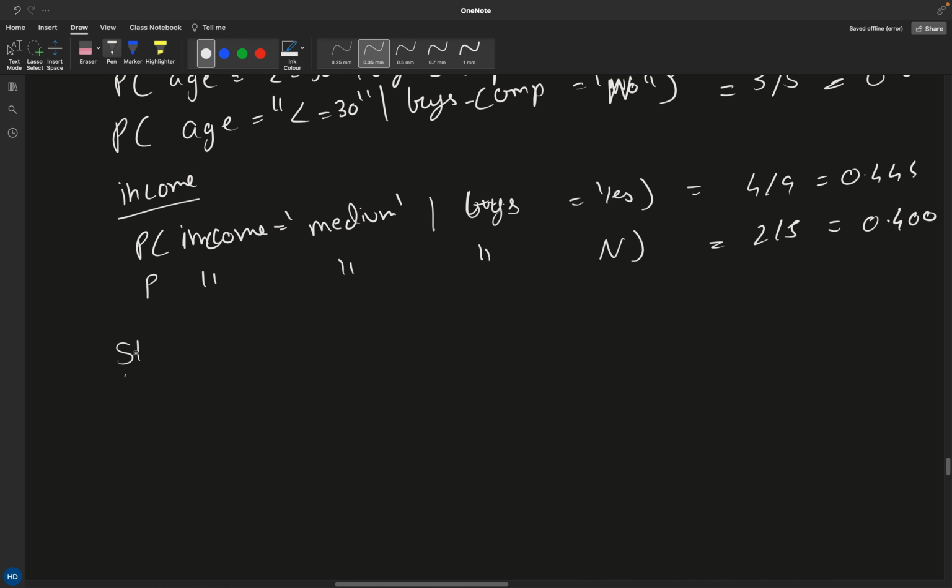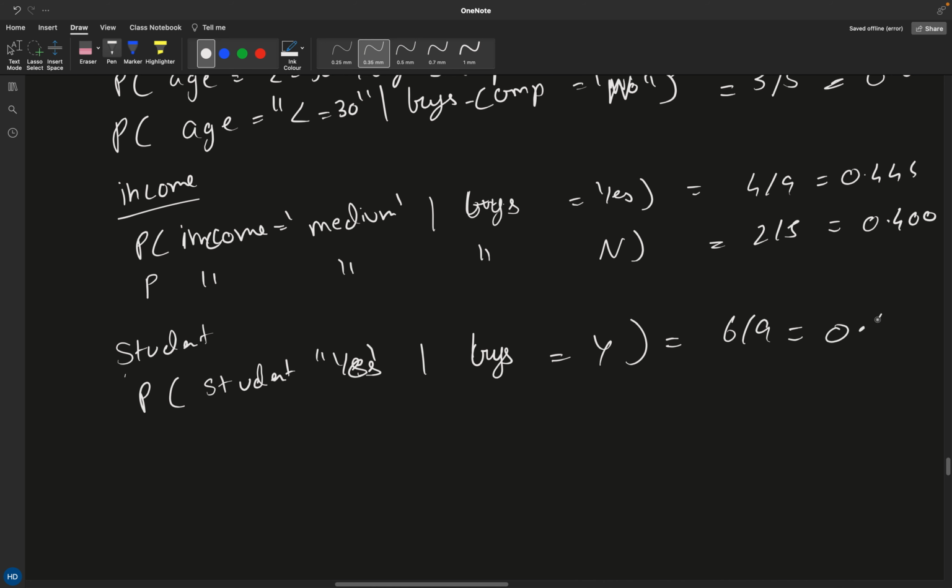Now we'll move on to student. Again, student, yes. Buys, yes. Now you can calculate, figure out those, like check those values ऊपर, like search it and then write.